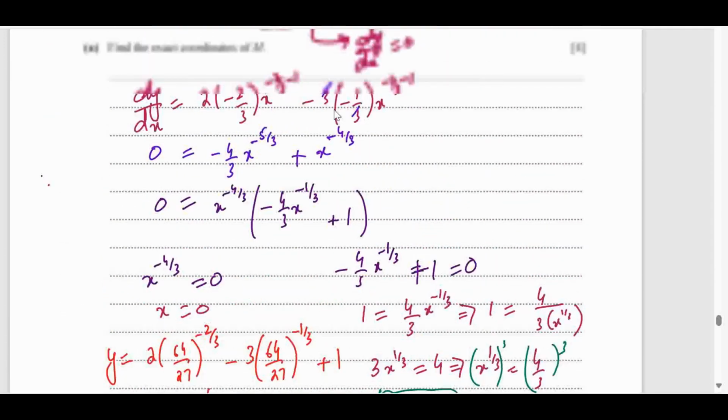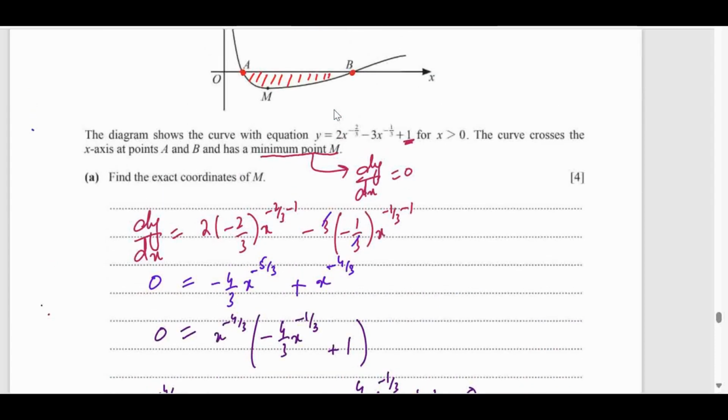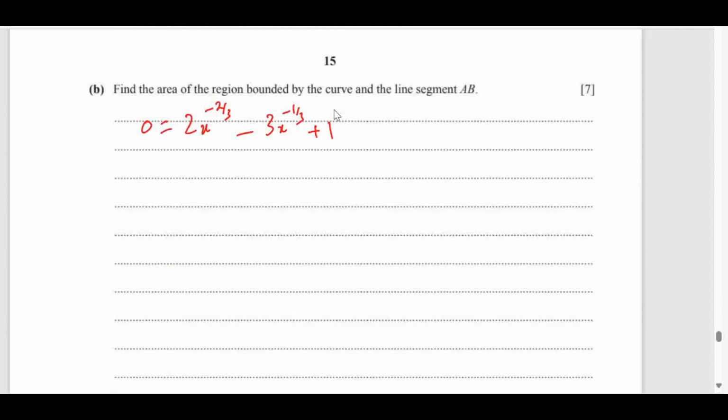I think this was the equation. Yes, it is correct. Now let's make it a quadratic equation. And we can directly say that let a is equal to x power minus 1 by 3.